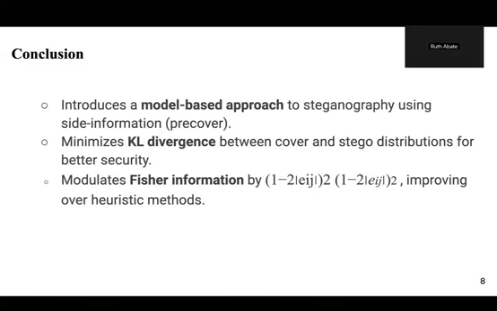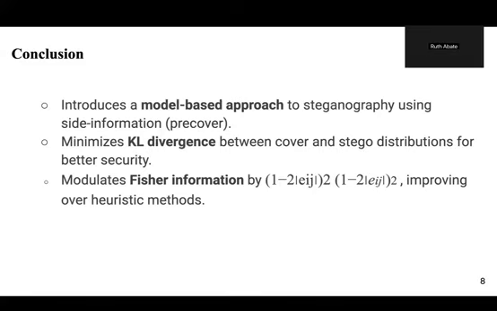When KL divergence is high, the changes introduced by the embedding process become detectable, increasing the risk of exposure. By focusing on minimizing this divergence, the proposed approach ensures that the stego object remains as natural as possible, significantly enhancing security. In practical terms, this means that messages can be hidden more effectively, even against advanced steganalysis tools that rely on statistical detection methods.